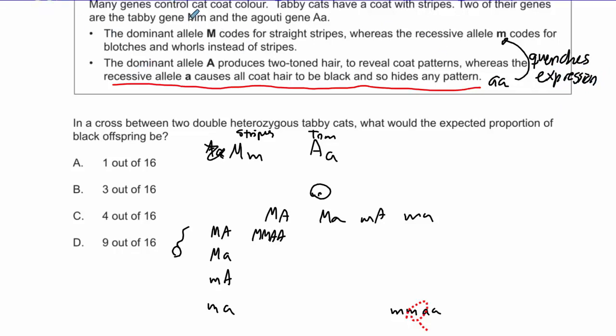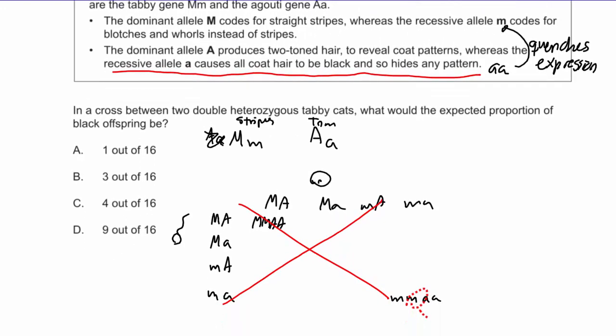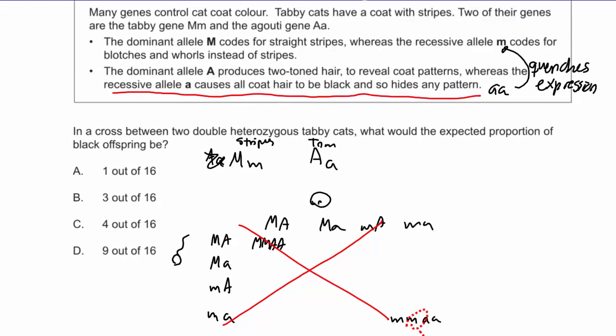So even though M is dominant in the stripe formation, or if it's stripes or swirls, it doesn't matter, because if you have the recessive homozygous small a, it is black anyways, regardless if it's stripes or swirls. So you can do it this way and use a lot of time, or you can just understand that the recessive homozygous is black no matter what happens with the stripe gene.